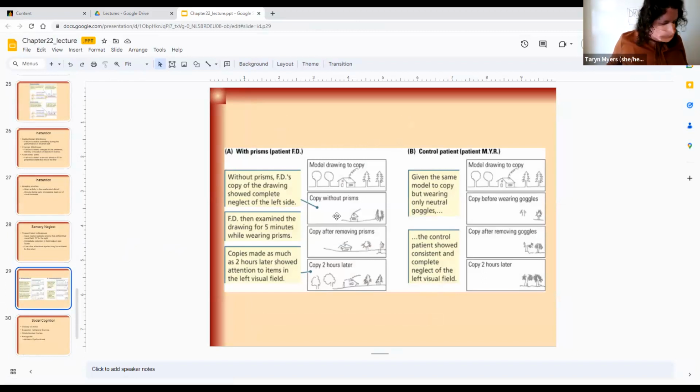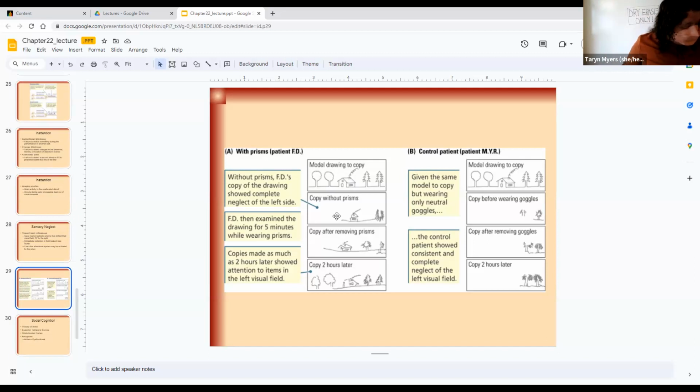And this is a study where they had people wear glasses that had prisms in them that shifted their vision 10 degrees to the right, essentially into the part they were neglecting. And what they found was an immediate reduction in field neglect.